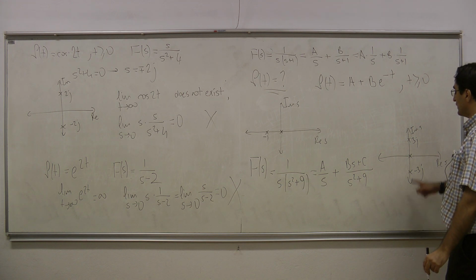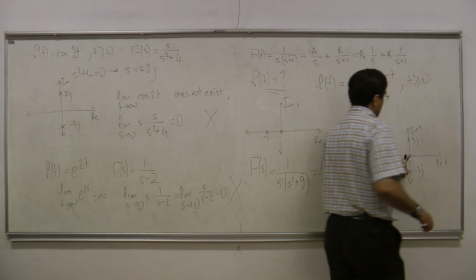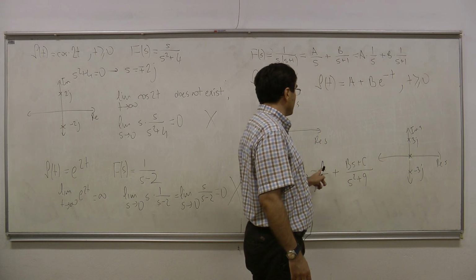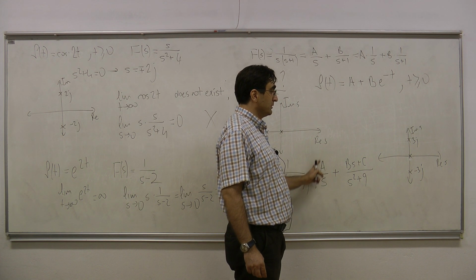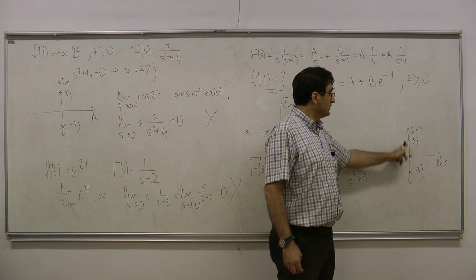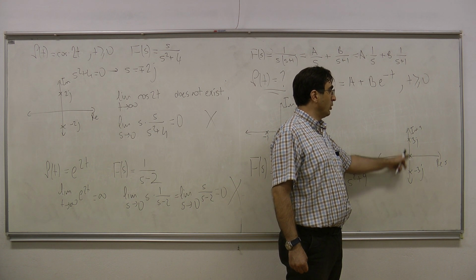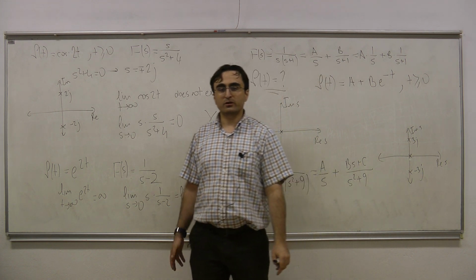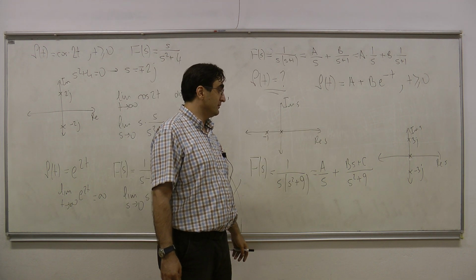A single pole at the origin means a constant. This is going to be my constant in the Laplace domain. And conjugate poles on the imaginary axis are going to mean sine and cosine, actually sine 3t and cosine 3t.